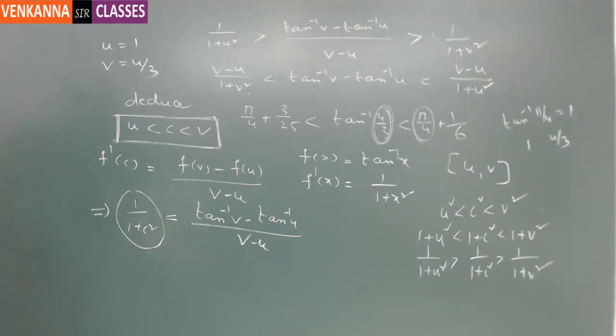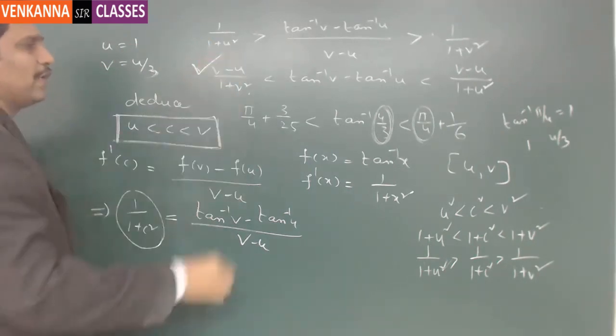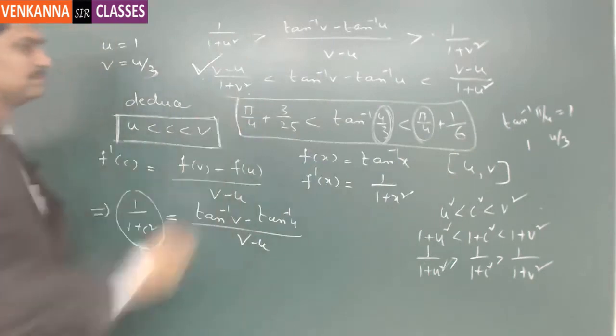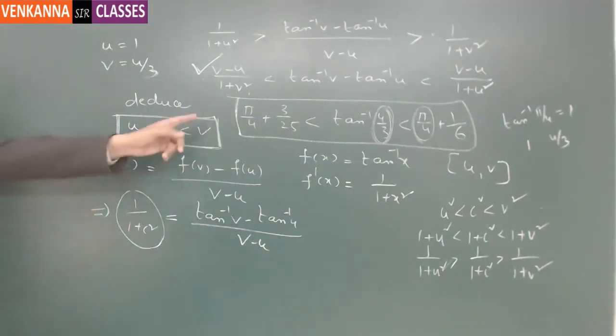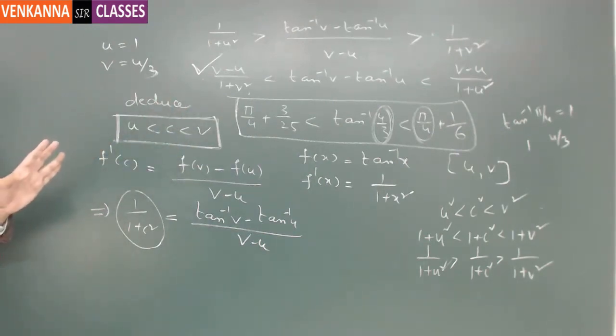Right. So if you substitute u is equal to 1 and v is equal to 4 by 3 in this part, you are going to get this inequality. So is this required for all to deduce, or can I leave it here? As per your inputs, I will go. So if you have a doubt, I will do it right now.